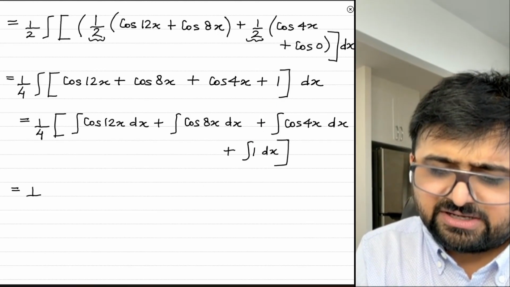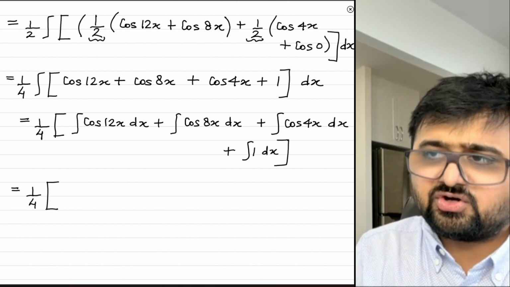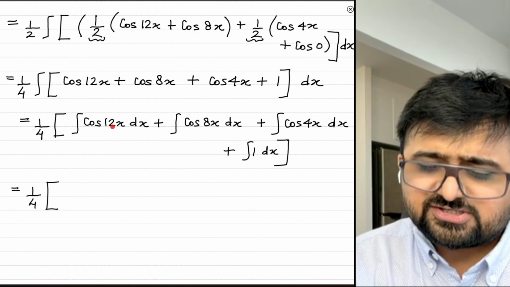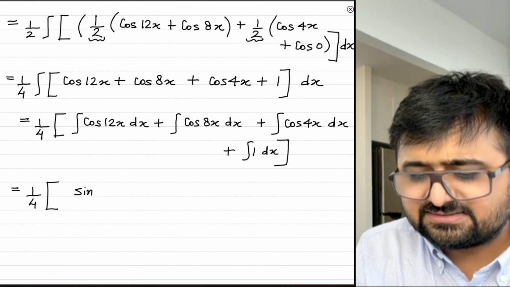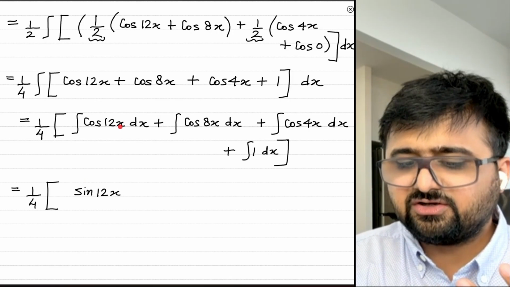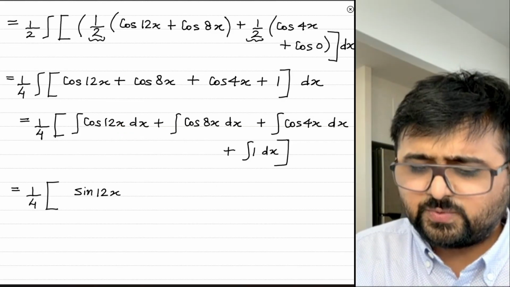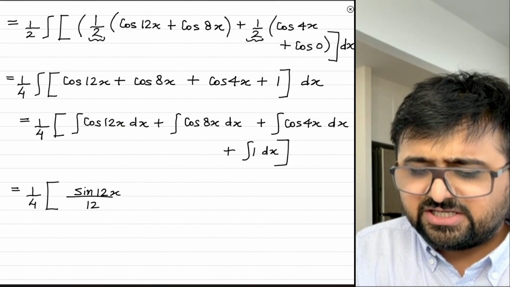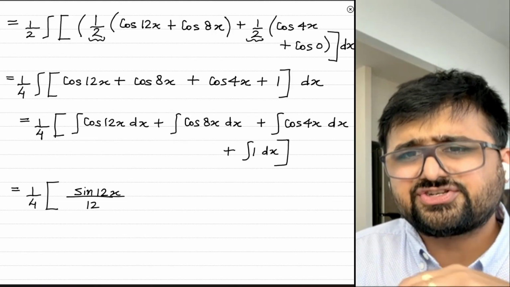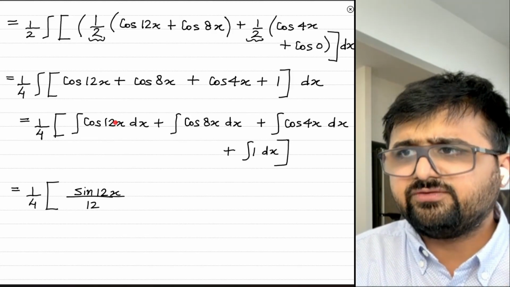Now we have 1 by 4, let's open the box bracket. Integral of cos is sine, so cos 12x integral is sine 12x. Remember, in integral, we always divide by the coefficient of x. The coefficient of x here is 12, so we divide by 12. Remember, in differentiation, we multiply by the coefficient of x by chain rule. Since integration is antiderivative, we divide by the coefficient of x.